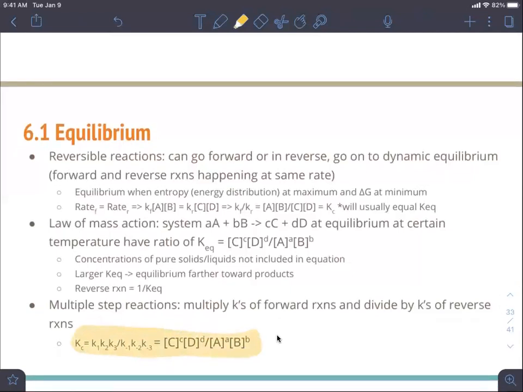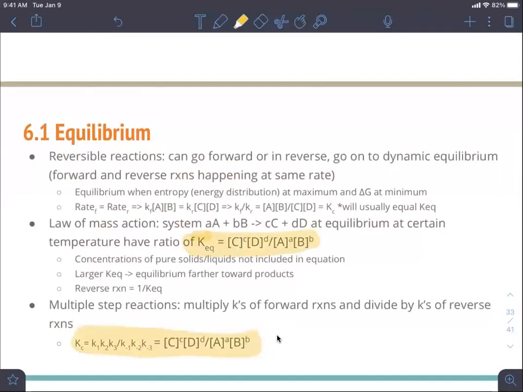So the law of mass action states that at equilibrium, at a certain temperature, there's a ratio of K equilibrium of products over reactants. That's just what I was saying here. And on the MCAT, the equilibrium constant will equal the concentration constant Kc almost all of the time. So this is a valid equation that we can use.